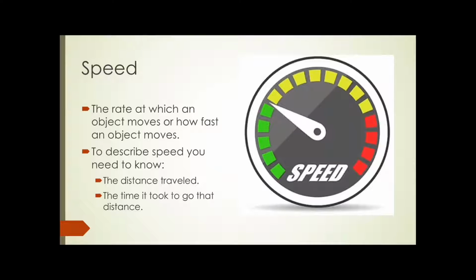We talk about speed all the time. And basically what we're describing when we're talking about speed is the distance traveled in a certain amount of time. So in order to describe speed, we need to know how far we're going and the time it takes us to get there.